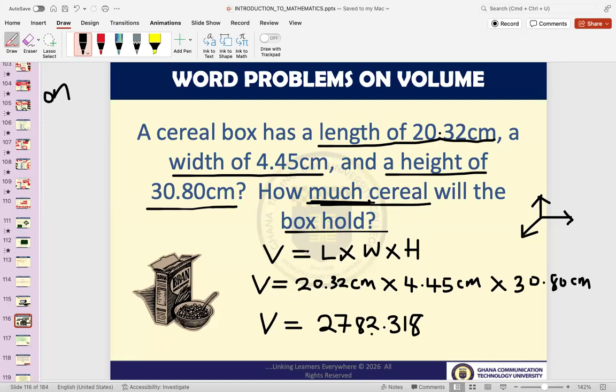Centimeters. Yes, please. Now, is it centimeters? We have centimeters times centimeters times centimeters. So what will it become? Centimeters cube. Very good. That was what I was expecting.